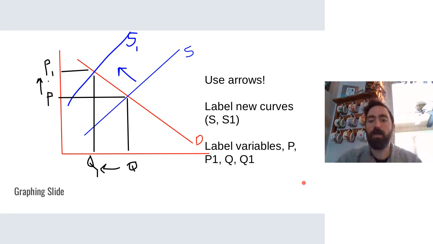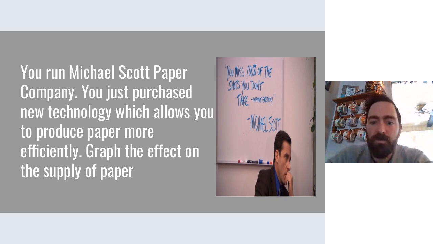That helps you understand what's happening to the price and quantity, because that's going to be our next skill, guys, after we get through this learning standard. Once we put supply and demand together, you're going to have to graph certain scenarios and then tell me what the effect is on price and quantity. So we're kind of killing two birds with one stone in this video. All right, next ones will be a little quicker.